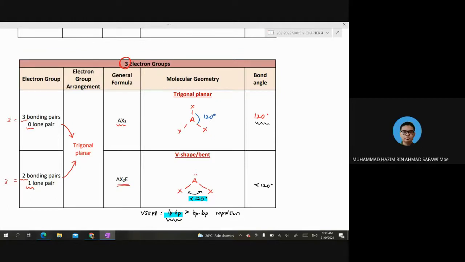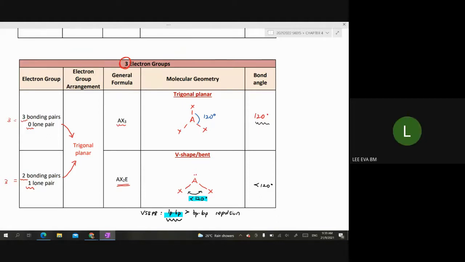So in this situation, the lone pair is squeezing the bonding pairs, making the angle decrease.